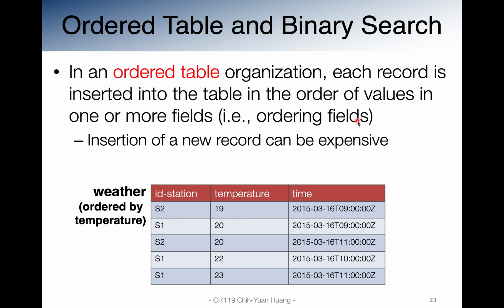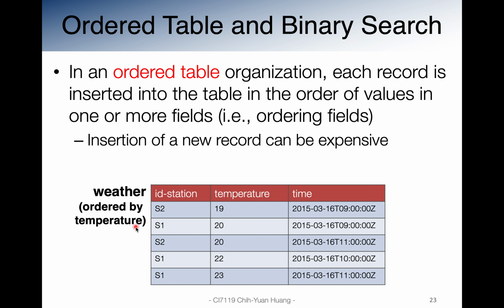So when you insert new records to this table, you need to first consider where exactly this record needs to be inserted on the hard disk. Just as an example, this table is exactly the same table as the previous one, but the way that they are organized on the hard disk is ordered by the temperature.